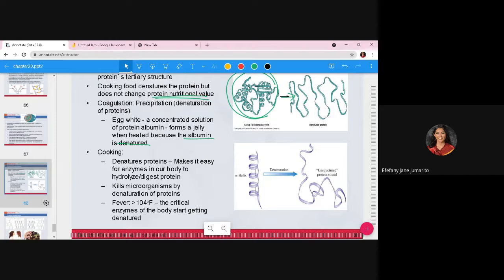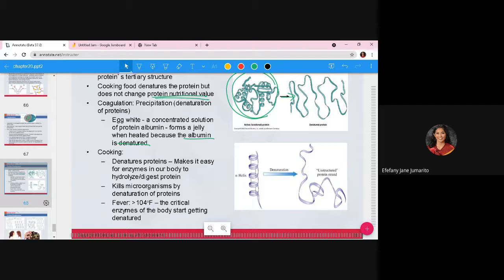Oh, it's new, bacteria. It's foreign. So it will raise the heat so that those foreign bacteria will die. So your fever is a good sign. It means that your body is responding to foreign materials inside the body.